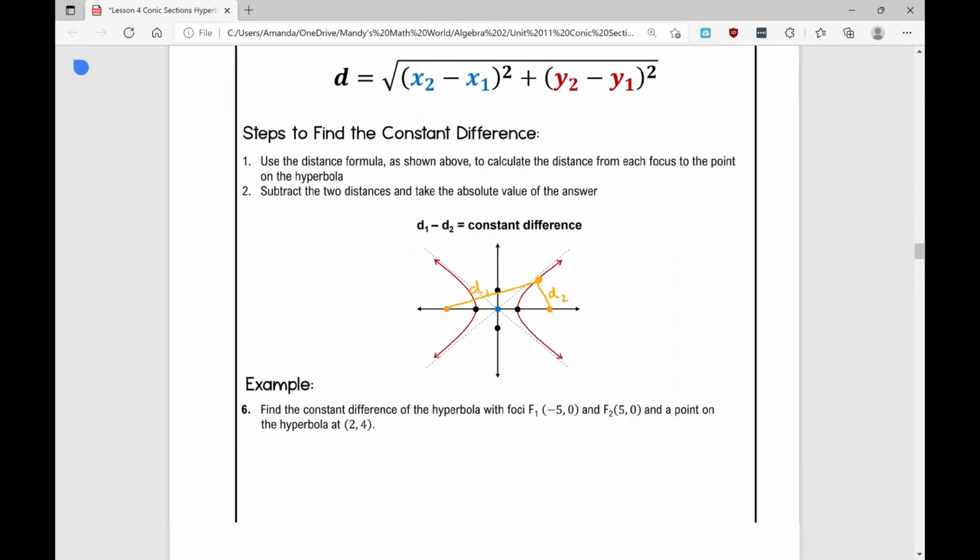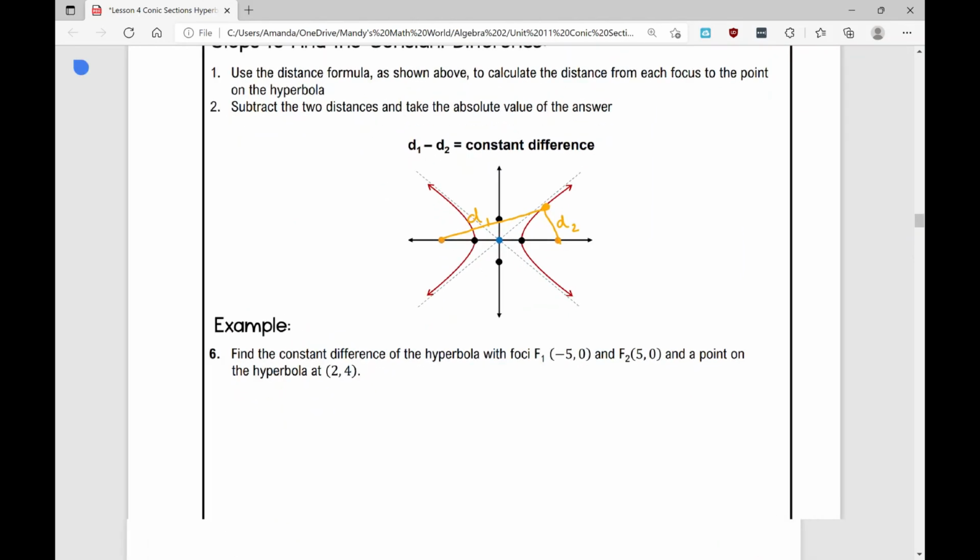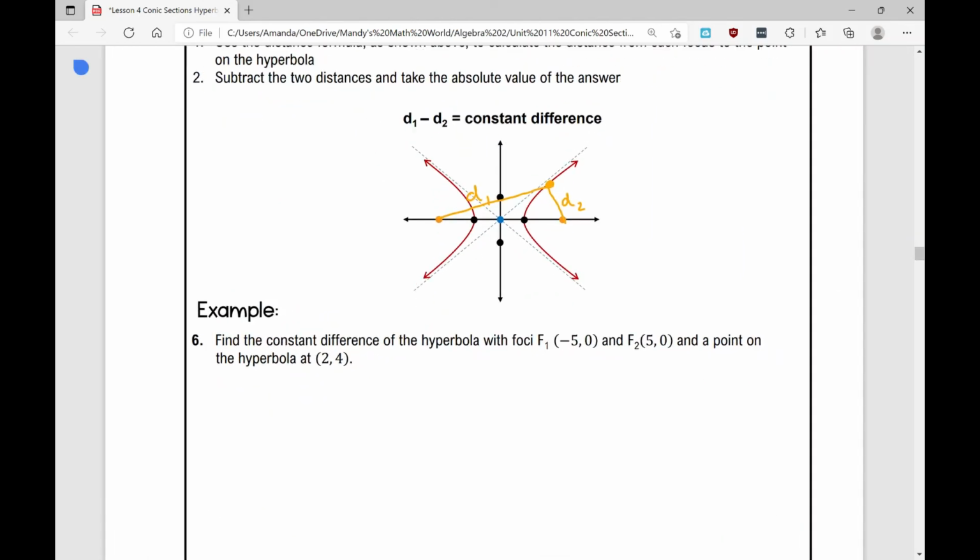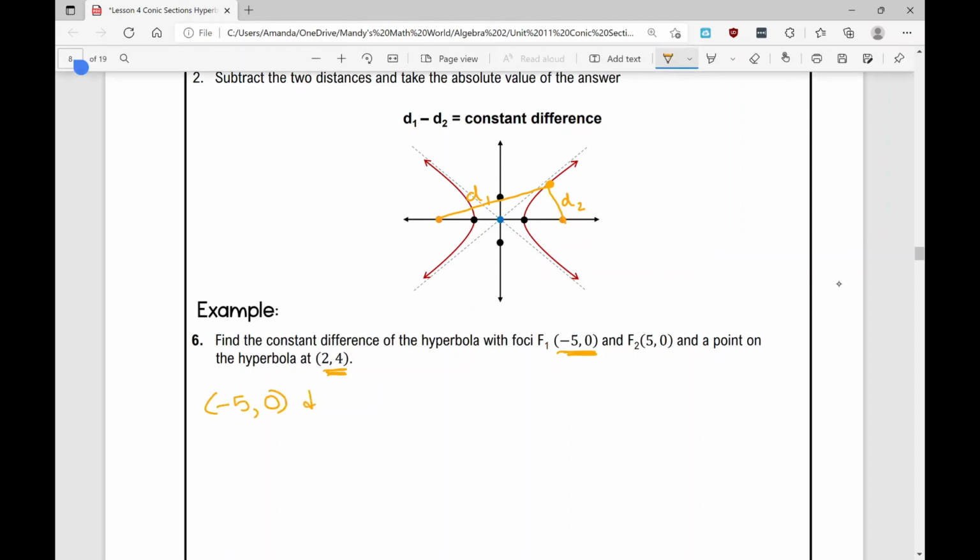So in example number 6, it says, find the constant difference of the hyperbola with foci f sub 1 at negative 5, 0, and f sub 2 at 5, 0, and a point on the hyperbola at 2, 4. So the first thing I'm going to do is find the distance from this point to this focus. I'm going to write negative 5, 0, and 2, 4, and label them x1, y1, and x2, y2.